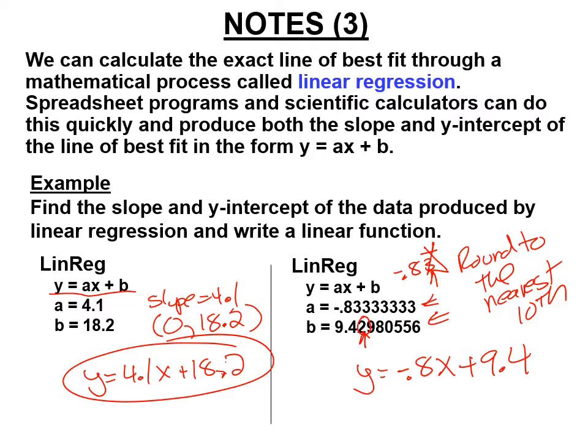And I probably should use an approximate symbol here since I'm writing an approximate line there. But if we graph that, that will be the line that best fits the data. Okay, that is the formula for this line of best fit through linear regression. And so when you see this on the calculator, LinReg stands for linear regression.